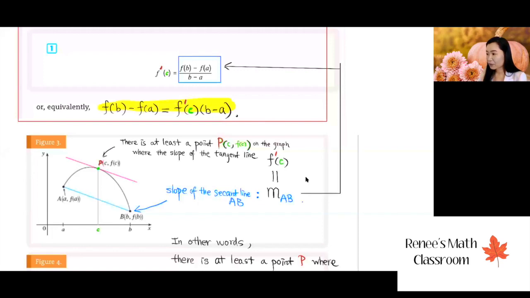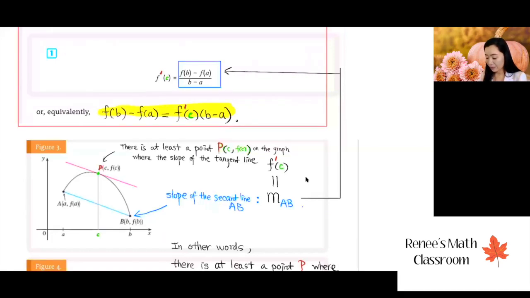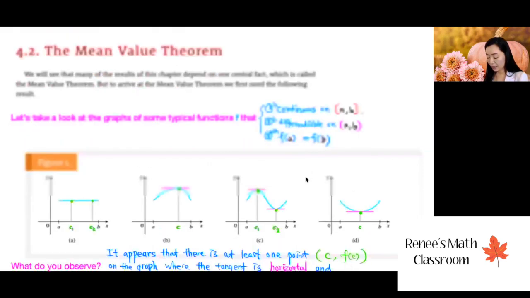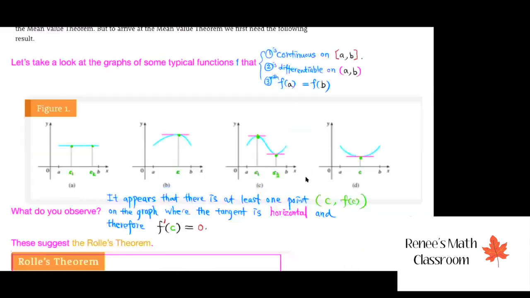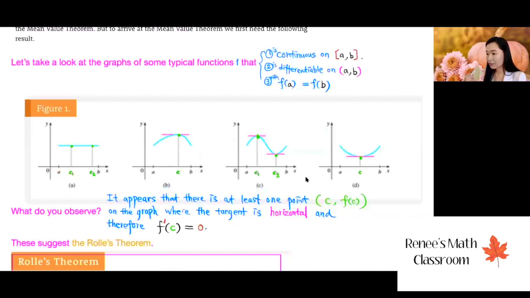If you relate this to Rolle's theorem, think about you tilt it. Before, the base was horizontal, and the secant line was horizontal, so the tangent line parallel to it had slope equal to 0.